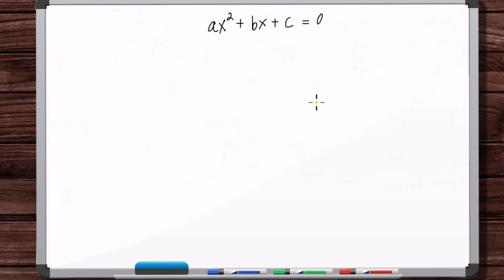No matter what it looks like initially, you could expand everything out, combine like terms, distribute, bring everything to one side, and put it into this form, where a, b, and c are any real numbers, except a can't be 0 because then it's not quadratic anymore. But b and c can be any real numbers. We're just thinking about real numbers.